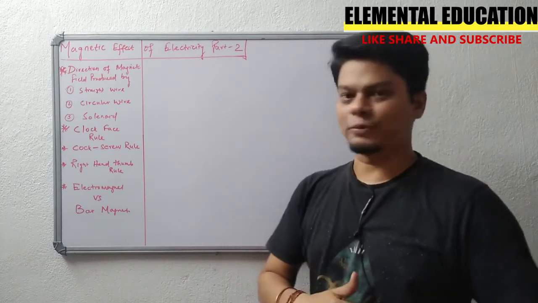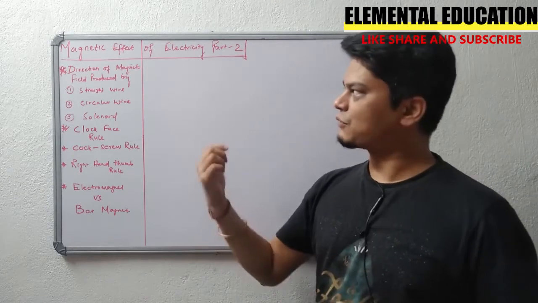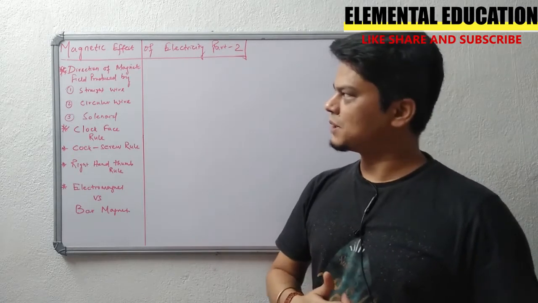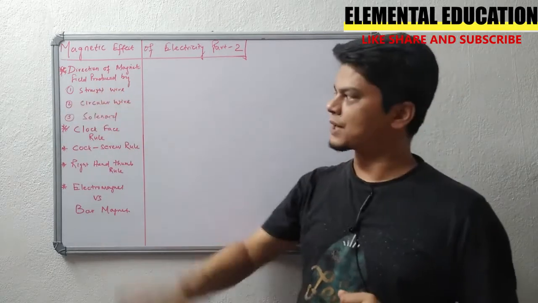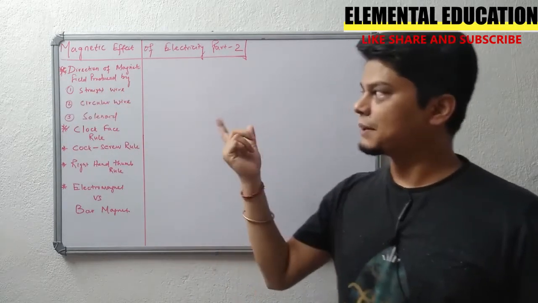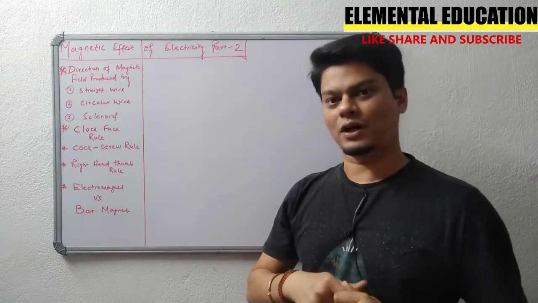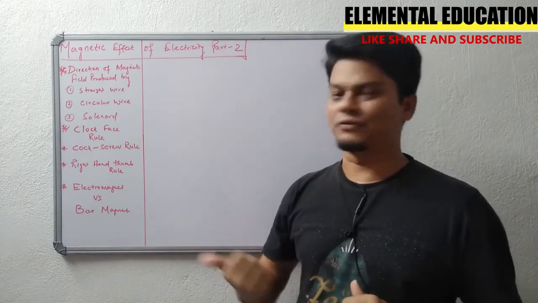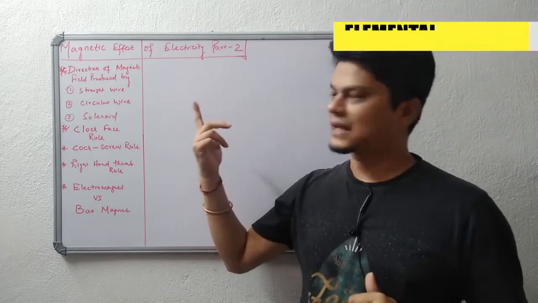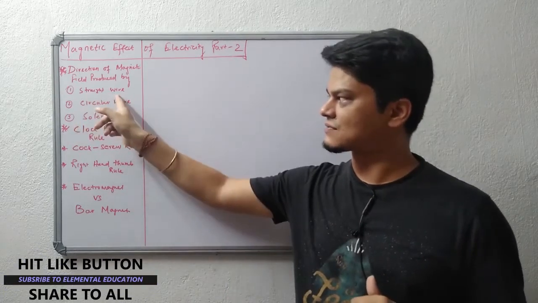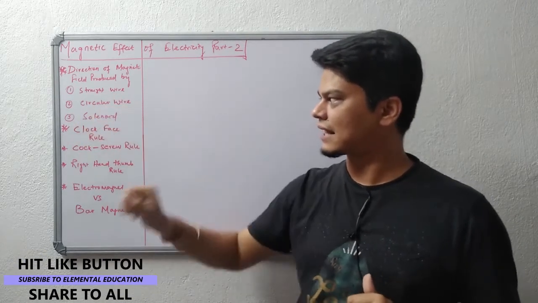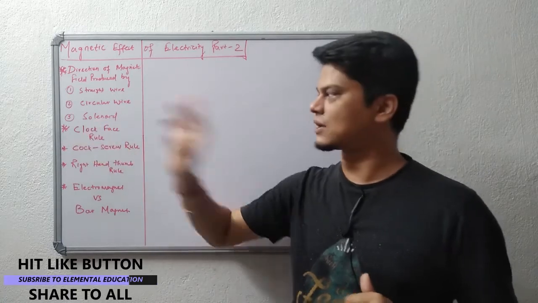So guys, before we begin, let me introduce what we have for today. We'll be understanding the direction of magnetic field produced by three things. In part 1 of the video, I have already told you that the magnetic field produced by wires is of three types: one is straight wire, one is circular wire, and another one is solenoid.